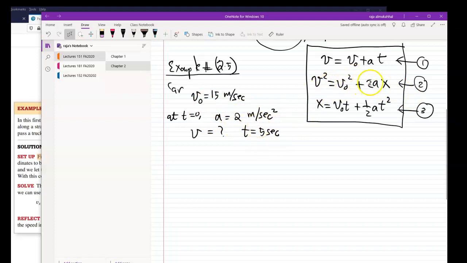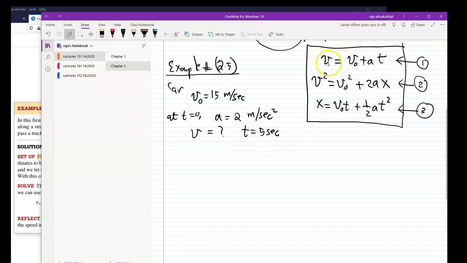So this equation will not be useful to us. Similarly for equation number 3, we have the time, we have the initial velocity, and this equation will allow us to find the displacement, but he's asking for the velocity. So again, this is not the proper equation for this problem.